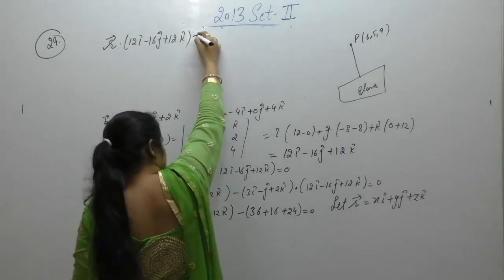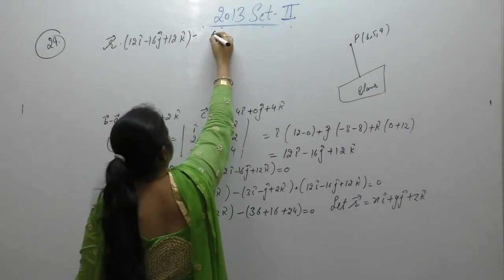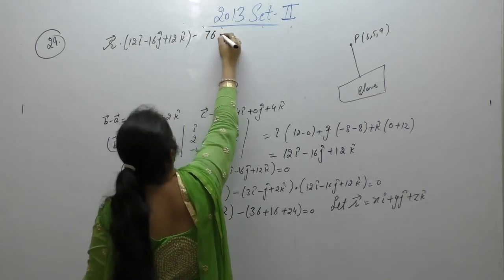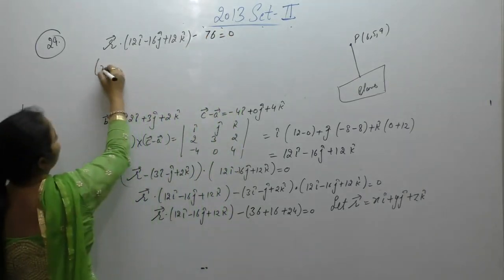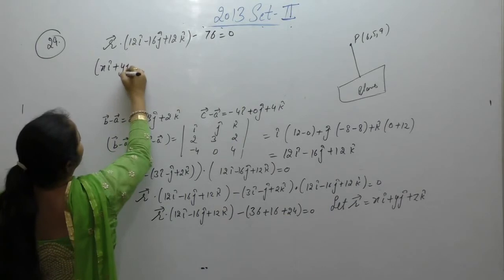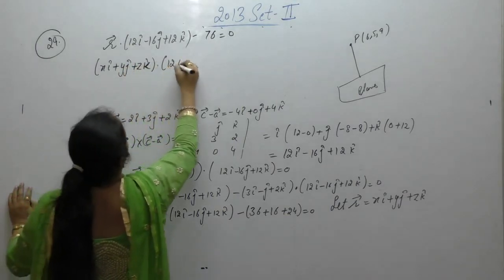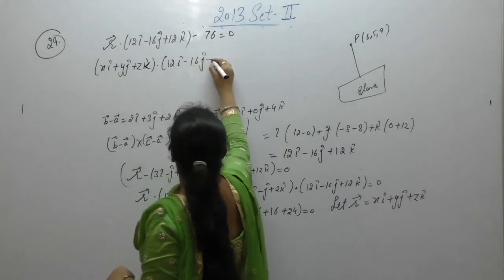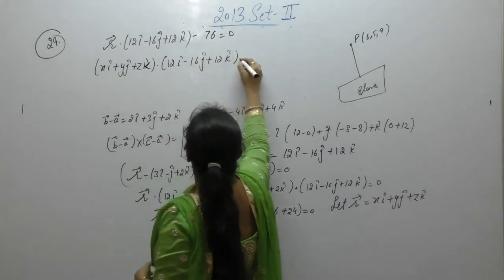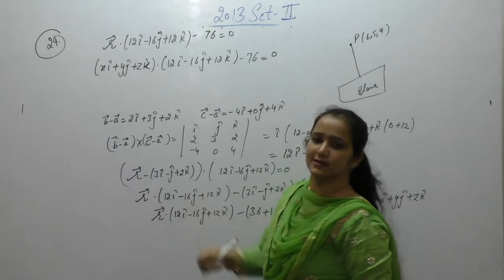So we get 76. Now put the value of R vector, xi plus yj plus zk, dot 12i minus 16j plus 12k, minus 76 is 0.